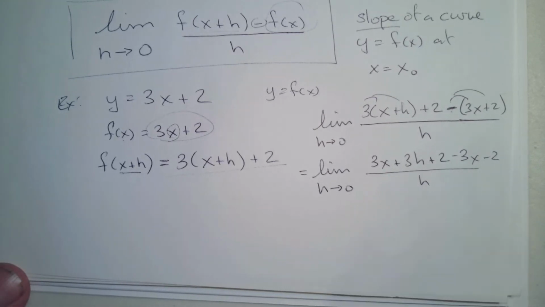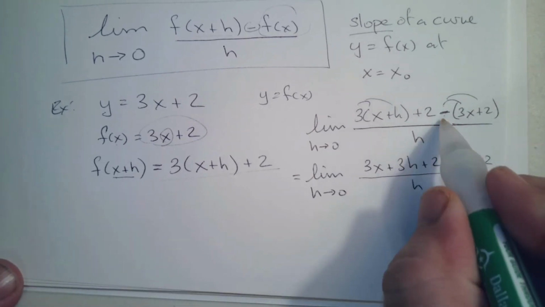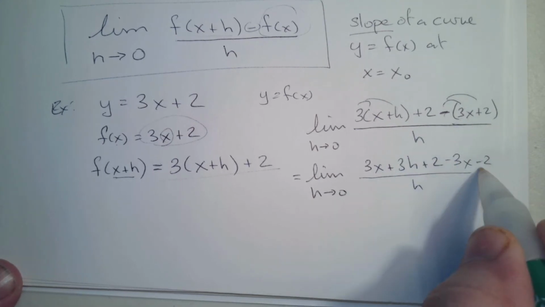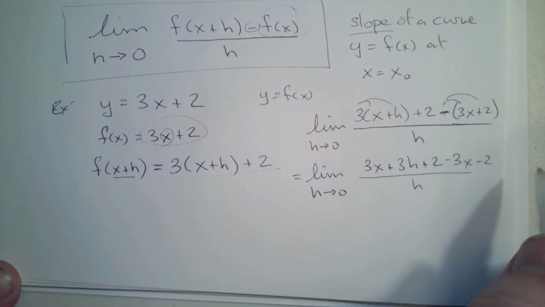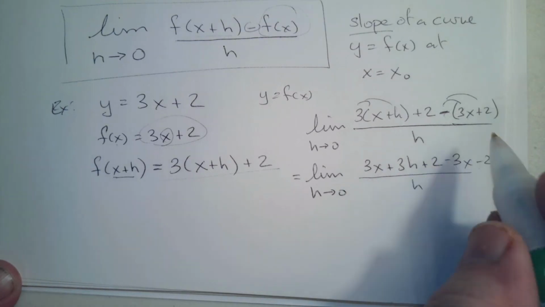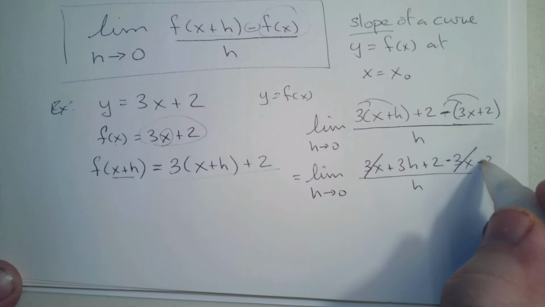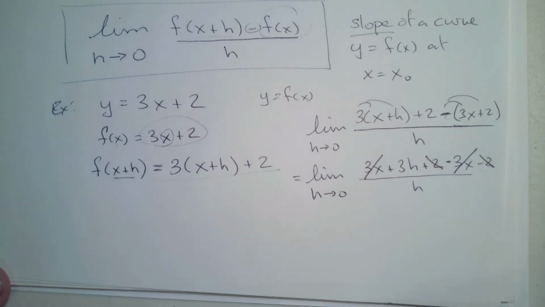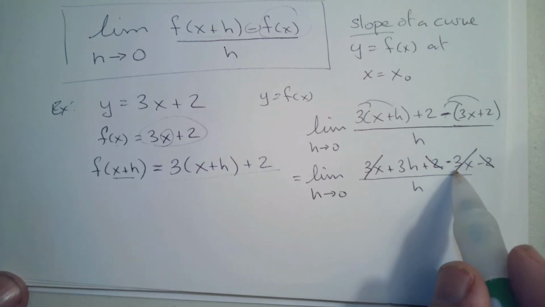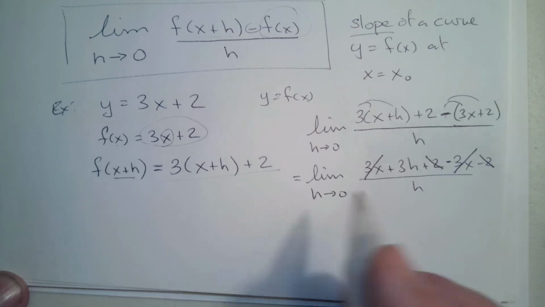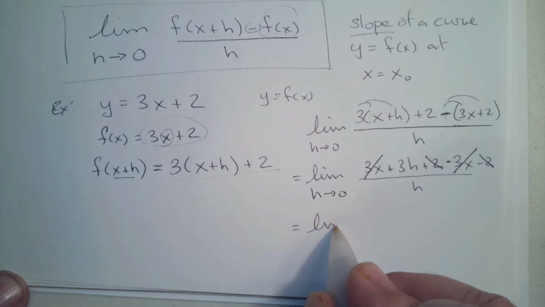Now, here's a checks and balance system. Anything after the minus has to disappear. So here's the minus 3x, it cancels with the 3x. The minus 2 cancels with the 2. If it doesn't, then you did something wrong. So everything after the minus sign has to disappear. So look what we have left.